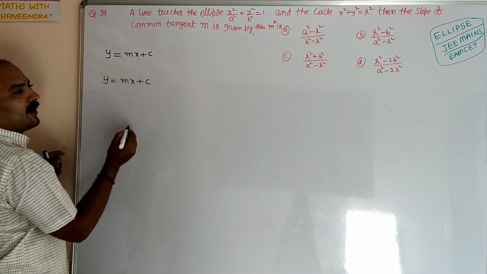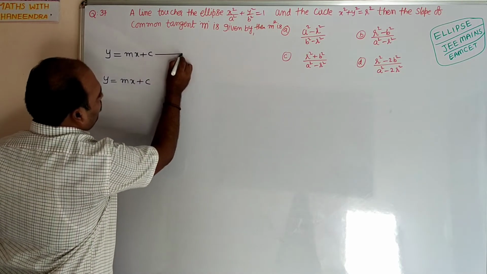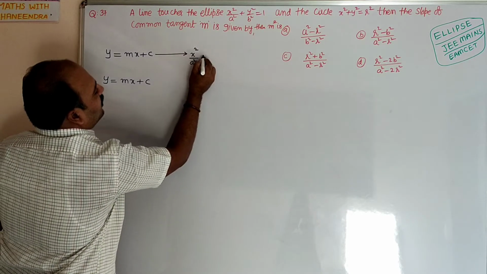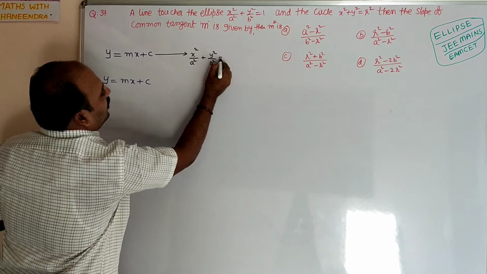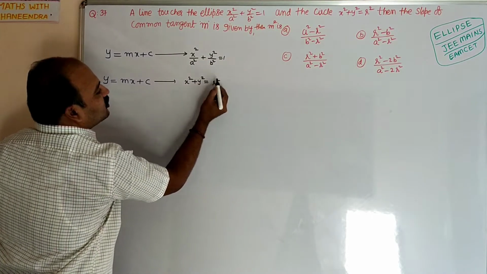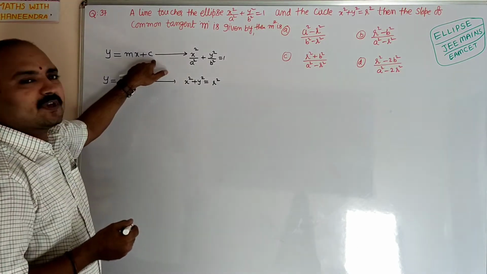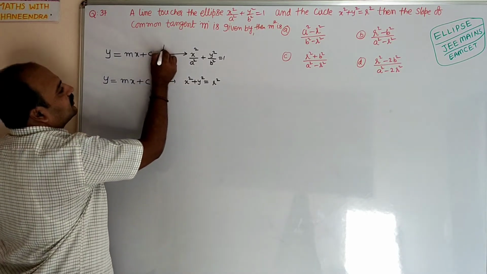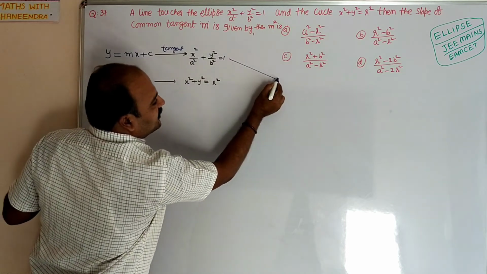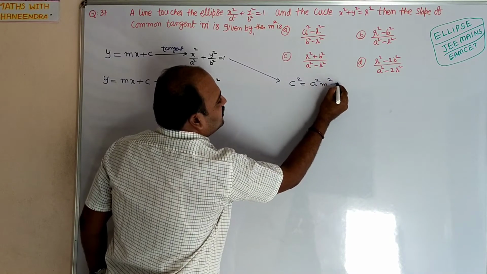This is the common tangent for the ellipse x square by a square plus y square by b square equal to 1, and the common tangent for x square plus y square equal to r square. See, if the line y is equal to mx plus c is to be tangent to the ellipse, then the condition is c square equal to a square m square plus b square.